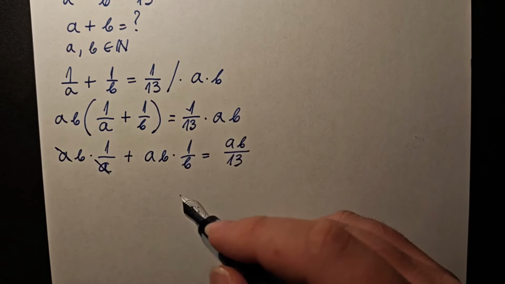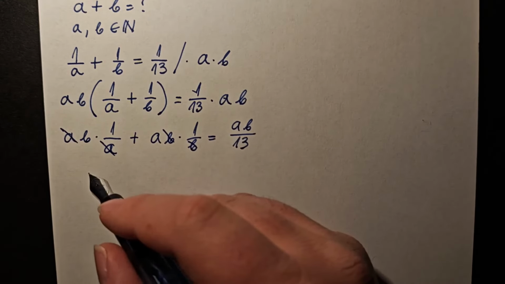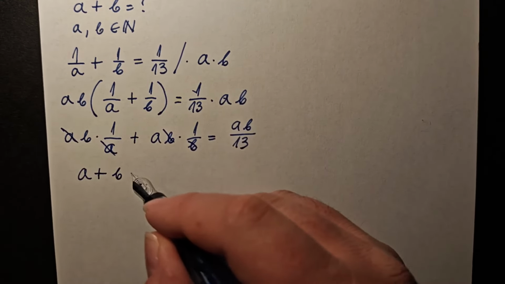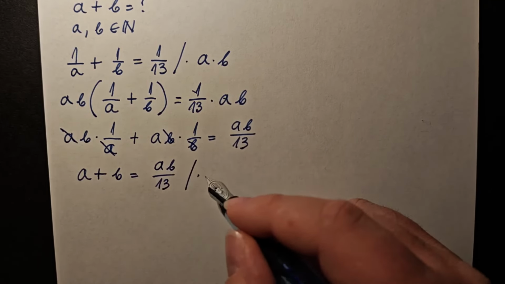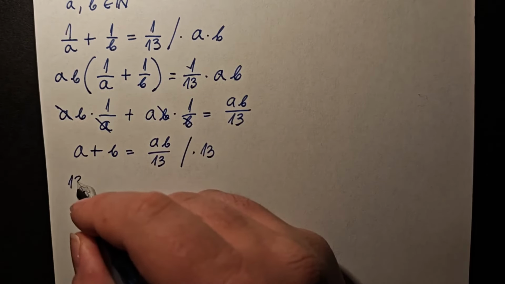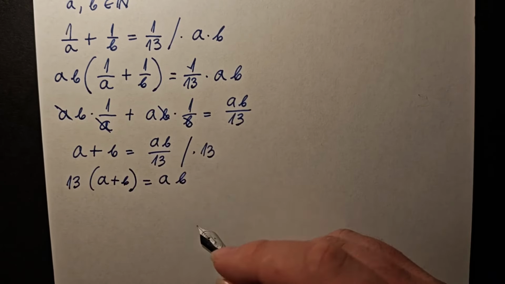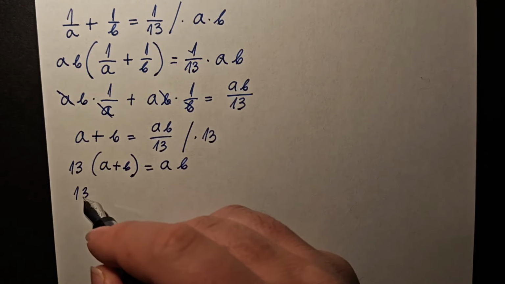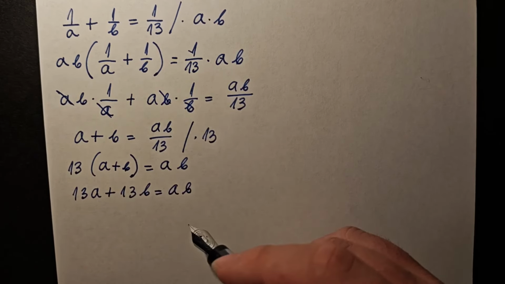The a and a cancel out, and the b and b are going to cancel out, and we get that a plus b is equal to ab over 13. By multiplying the entire equation by 13, we get that 13 times a plus b is equal to ab, or that 13a plus 13b is equal to ab.